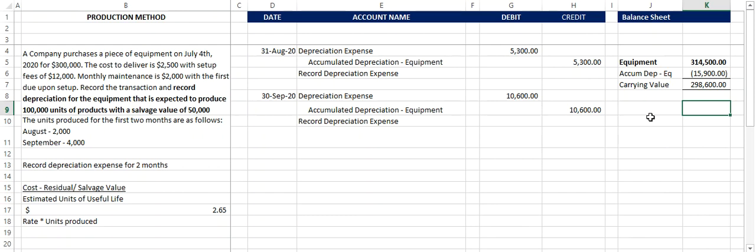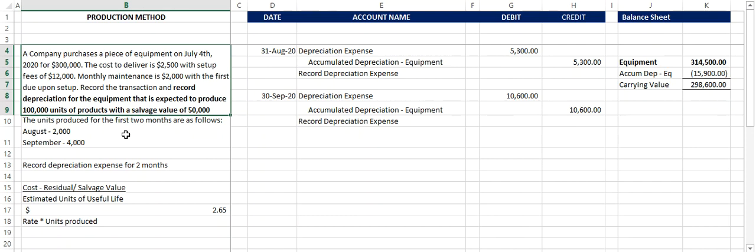Okay, and that's pretty much it for the production method. What you'll notice is that the production method isn't as friendly, I would say, as the other two methods, because the other two methods were a bit lower in depreciation expense. But it all depends on what type of method is selected and the different things that go into the calculation, because if they had said they expected 1 million units, then this would have gone down a whole lot more.